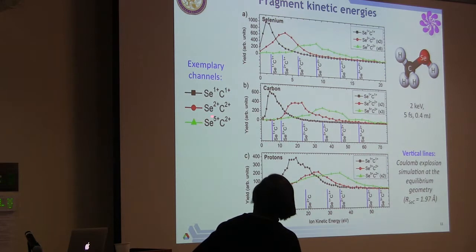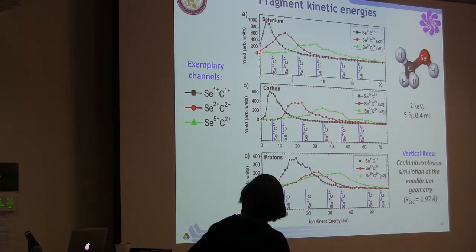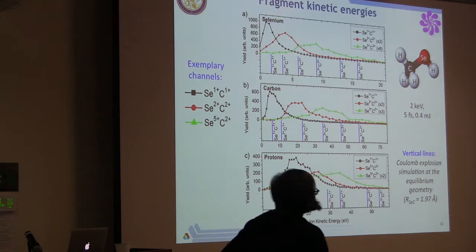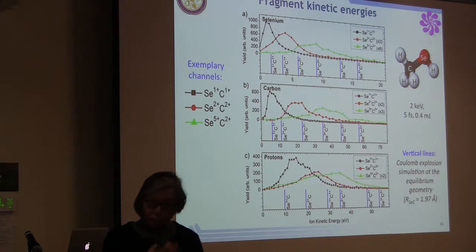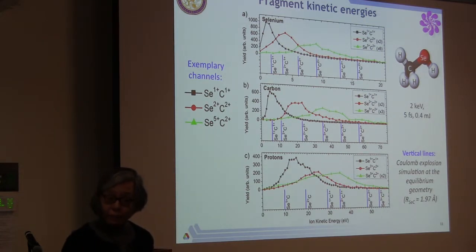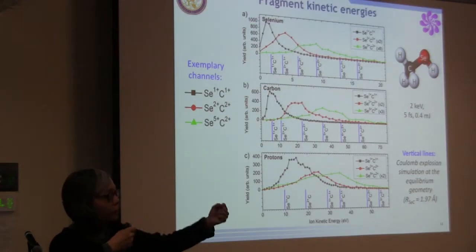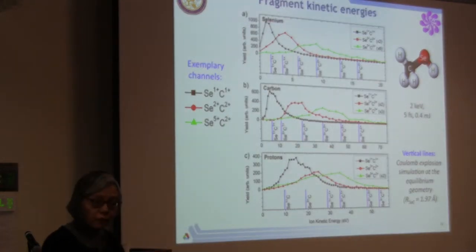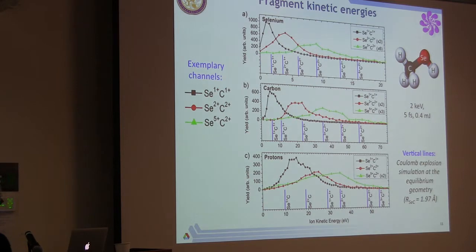For example, take a look at this one, selenium 2 plus, carbon 2 plus. This is what you observed, but over here is what you predict. And so it's less than the prediction. So what does that mean? It means that the molecule has expanded or done something before this explosion, right?